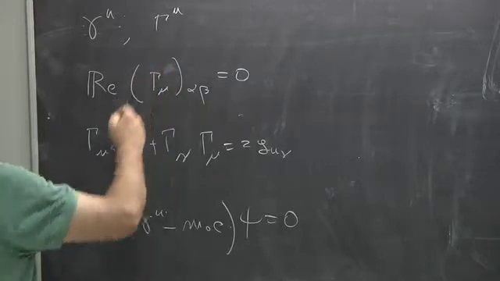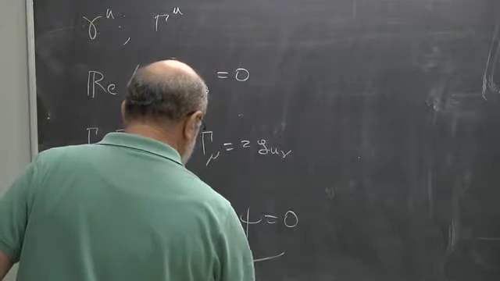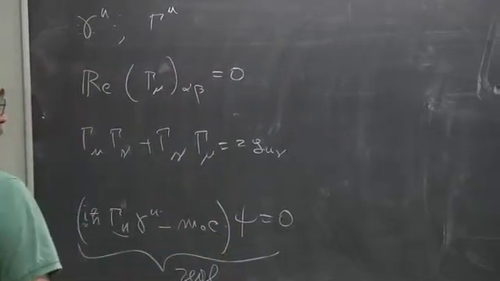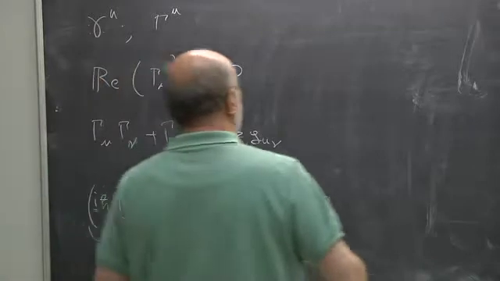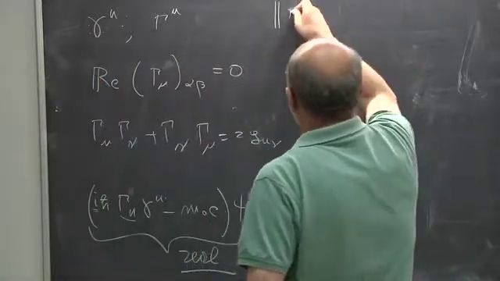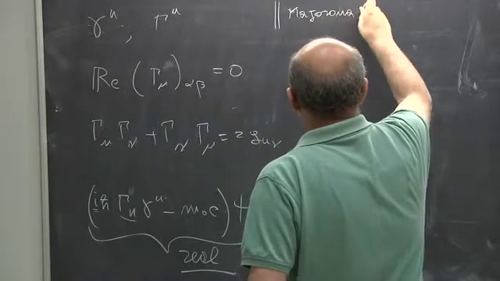The real part of this is this, so this is real. At least this operator is real. So this is also called the real version of the Dirac equation, and this gamma and this equation are called the Majorana representation.